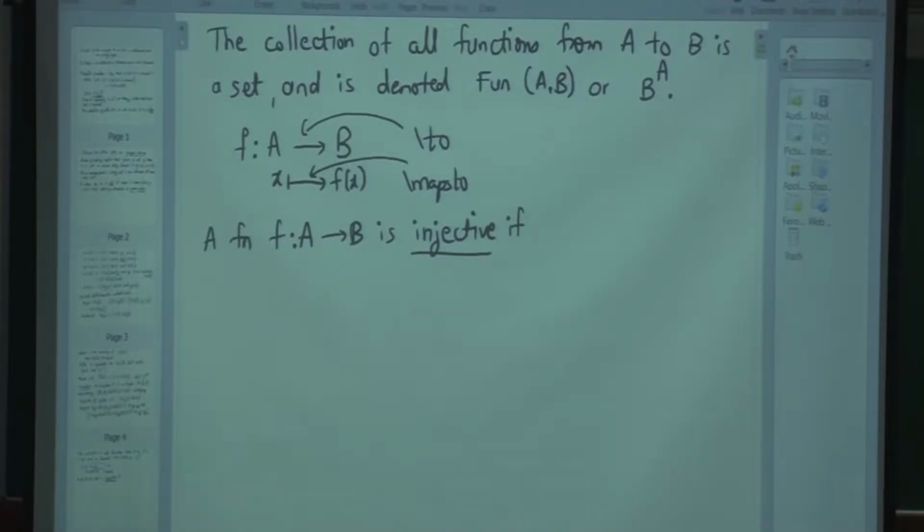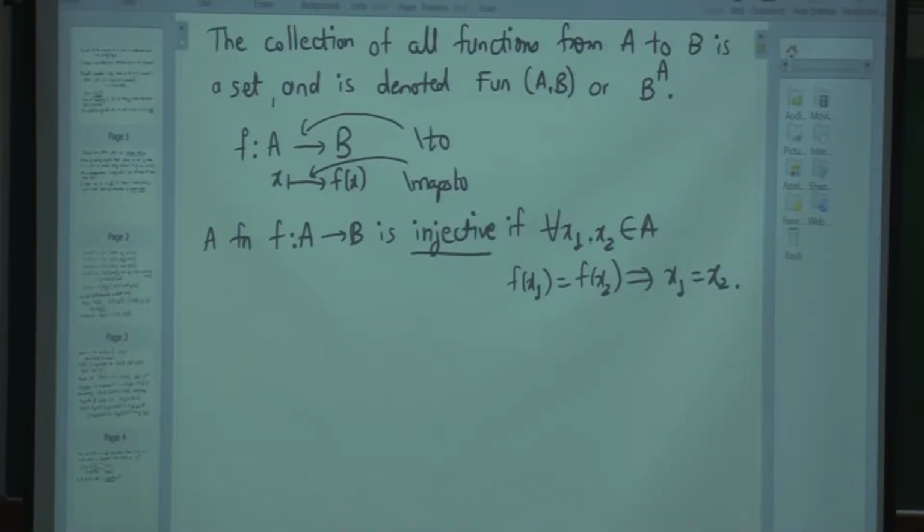We are not asking for that. x1 equals x2 implies and is implied by f of x1 is equal to f of x2. Exactly. If for all x1, x2 in A, f of x1 is equal to f of x2 implies x1 is equal to x2. Actually, the other side is obviously true.